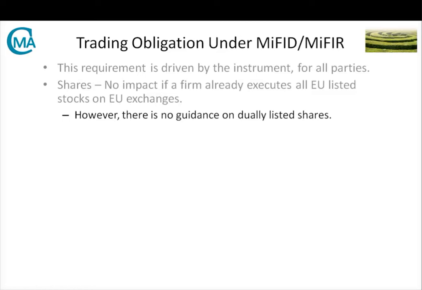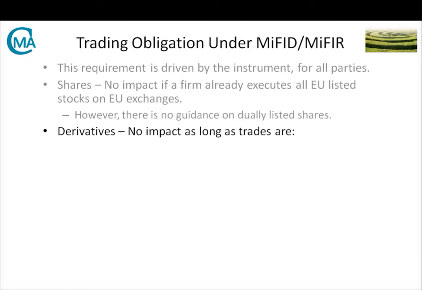So if we have a share that's listed on a non-EU exchange, with the bulk of the business being done on that non-EU exchange, and it's also listed on an EU venue, and if that other venue isn't considered equivalent, then according to this rule, all parties must do transactions on the EU venue. It's pretty clear that's not going to be workable or perhaps enforceable, but it's an issue that's out there.